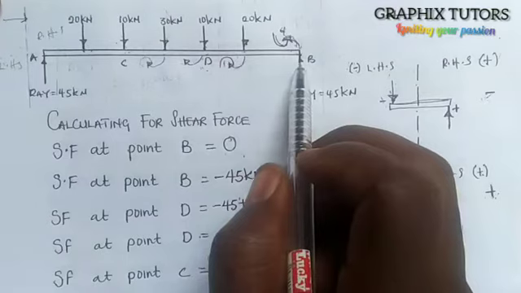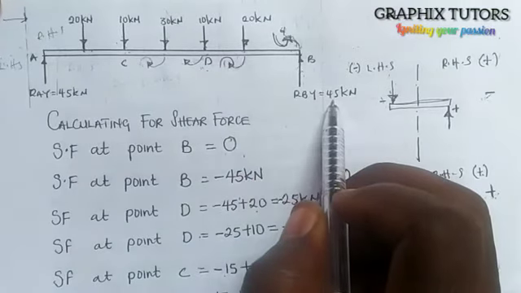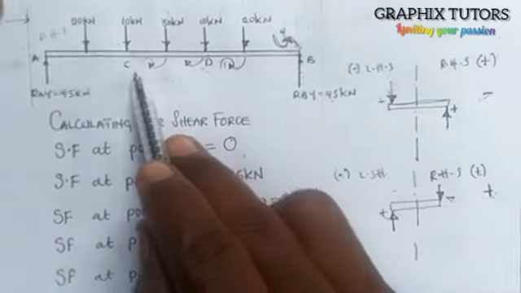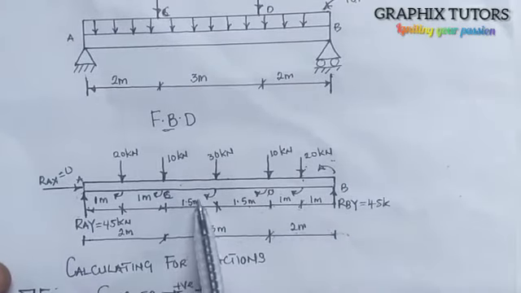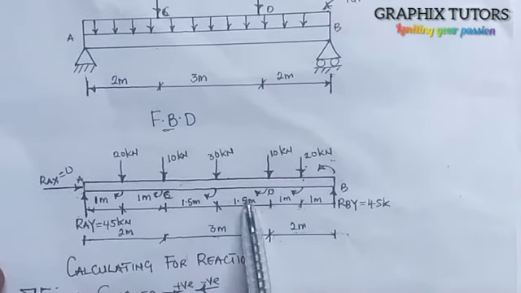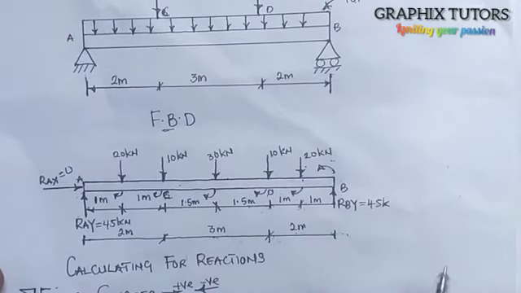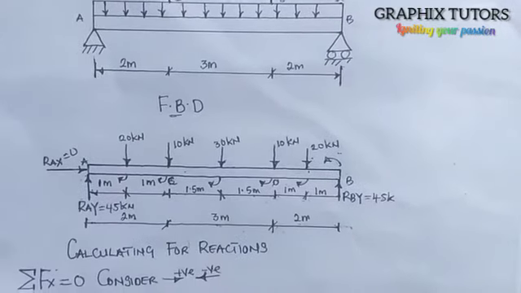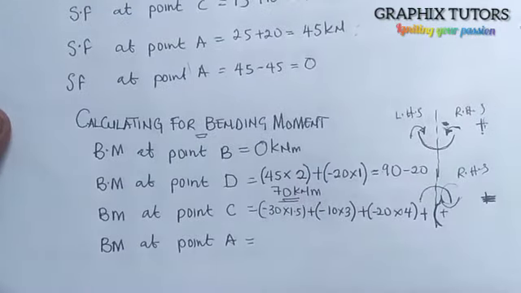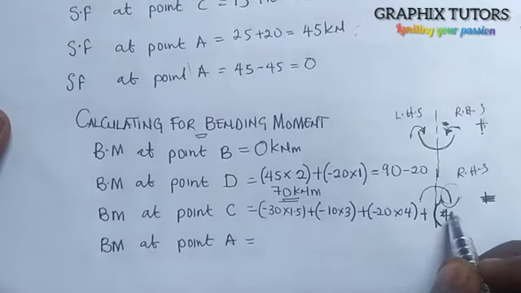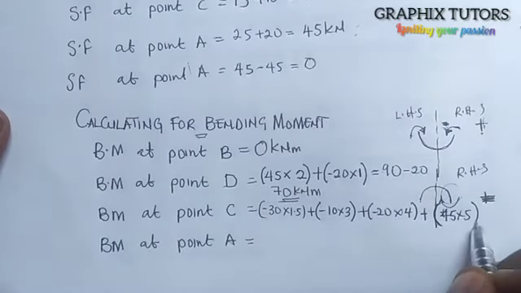Now the force is 45 kilonewton times distance from B to C. The distance from B to C is 1.5, that is 3, plus 2, that is 5 meters. So 45 times 5. So I'm going to multiply 45 times 5 here at this point.